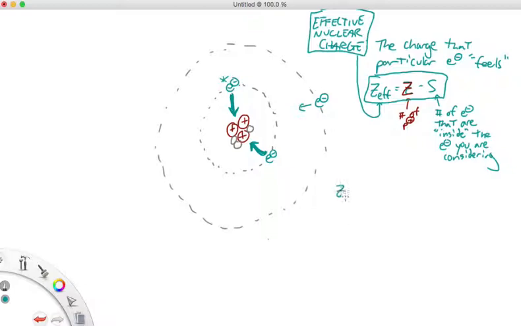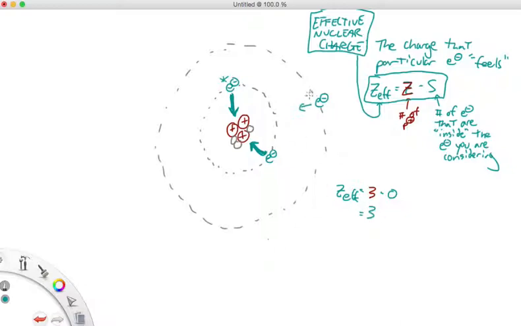So my Z_eff for this guy is going to be the number of protons. I'll switch to red. That's 3 minus the number of electrons inside the electron you're considering. So in this case, are there any electrons inside here? No, it's the closest one. So it's going to be 3 minus 0. So the effective nuclear charge here for this electron that I just starred is going to be 3.